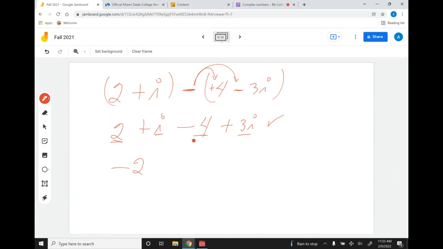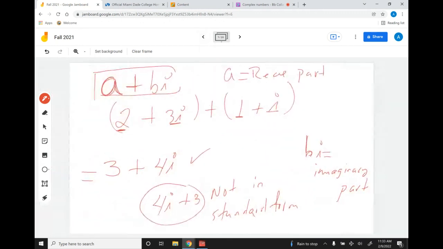And the imaginary parts together, that would be plus 4i. Remember, 2 minus 4 is negative 2. And i plus 3i gives you 4i. So there you have an example where you're subtracting two complex numbers. In this example here, you're adding them.